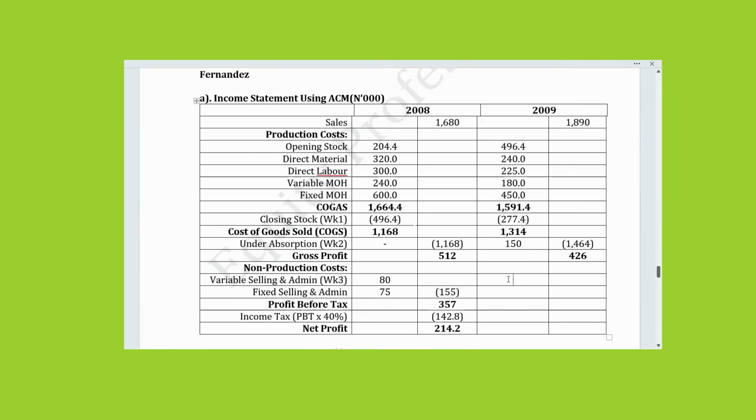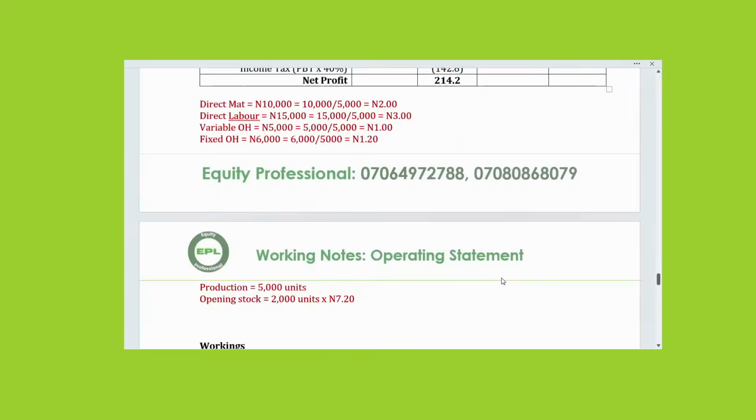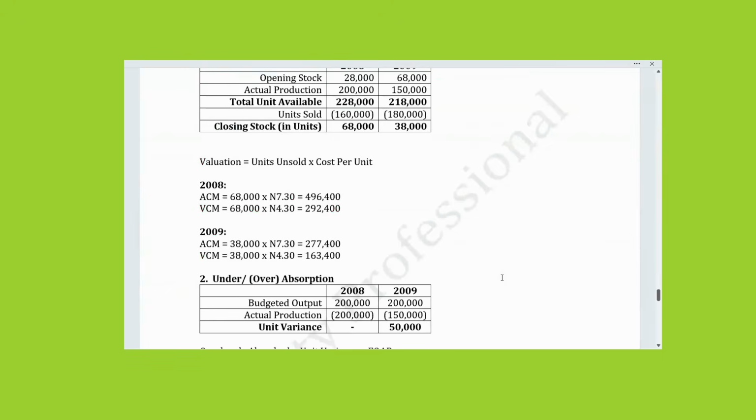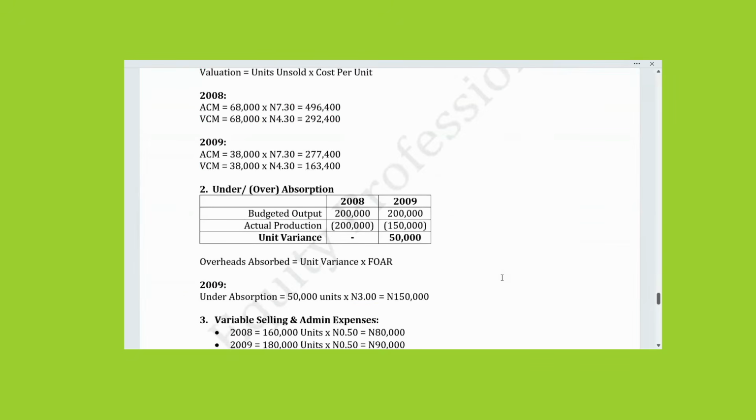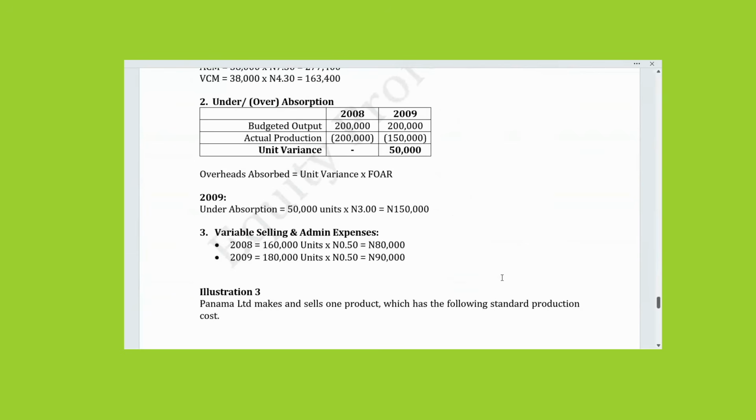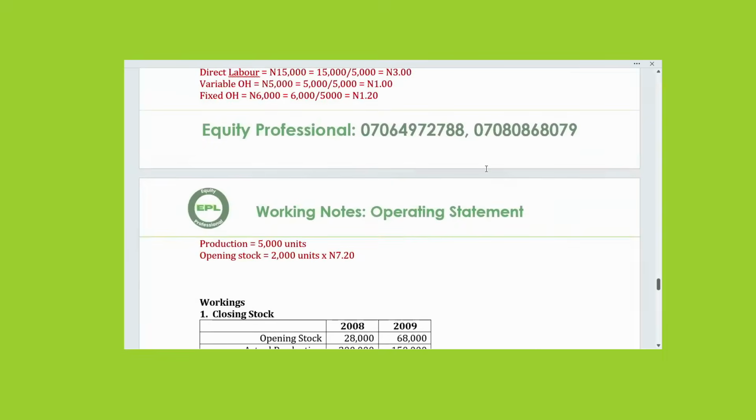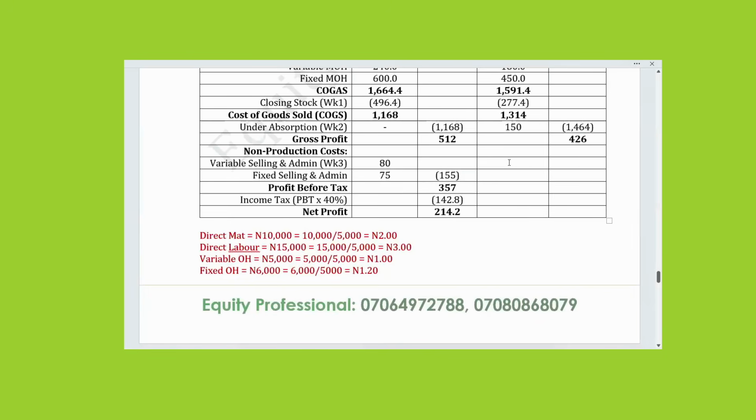After gross profit, we consider variable selling and non-production costs. We have done the working, so let's go and pick it. In 2009, variable selling and admin expenses is 90,000 naira. So I will come here, 90,000.